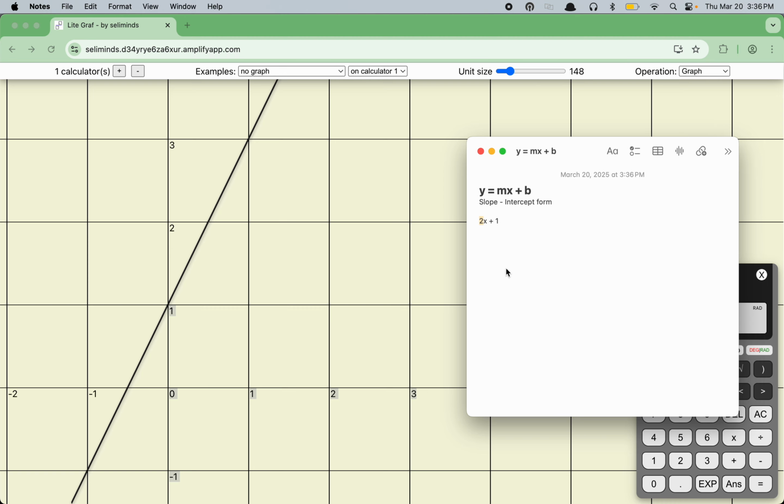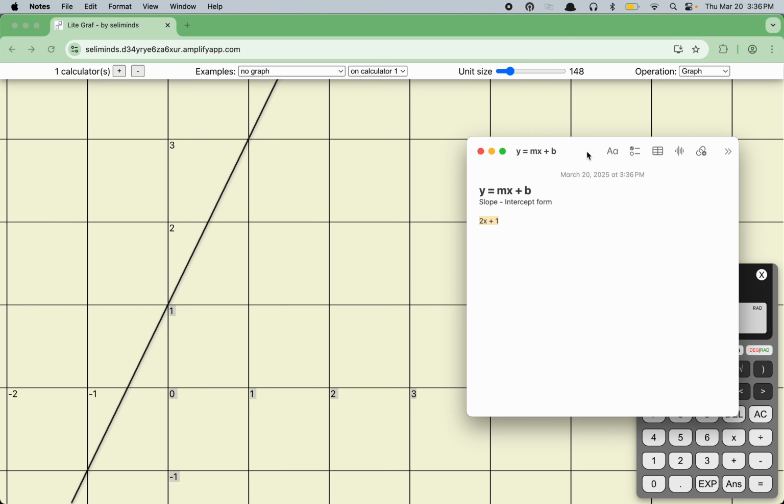And it crosses the vertical axis at the point of 1. So it's very easy now to visualize using this. Even if I close this graphing tool, you now have a visual idea of how this equation looks.